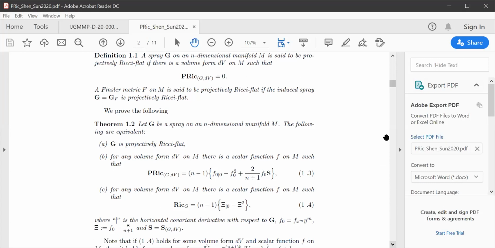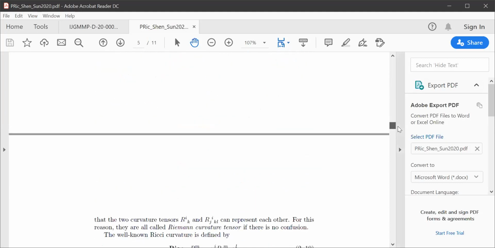Now, in the remaining case, what does that mean? If the spray is induced by a Riemannian metric, there is a page talking about the remaining case.